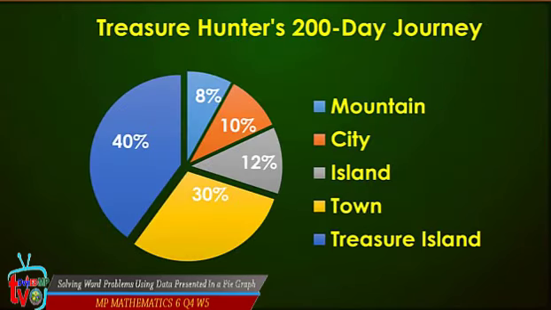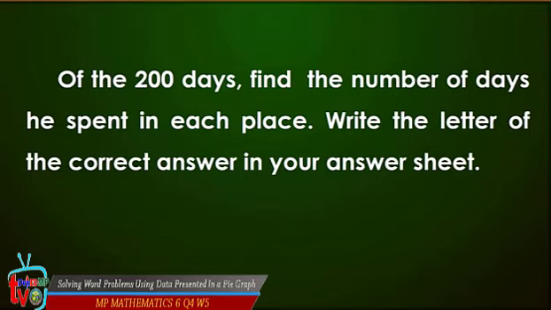Treasure hunter's 200-day journey. 8% in the mountain, 10% in the city, 12% in an island, 30% in a town, 40% in the treasure island. Of the 200 days, find the number of days he spent in each place. Write the letter of the correct answer in your answer sheet.